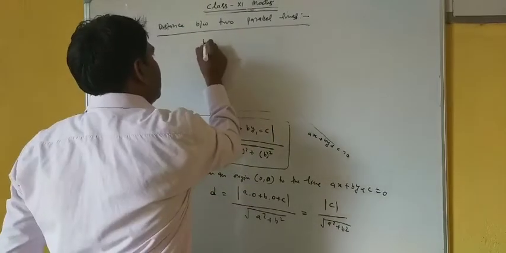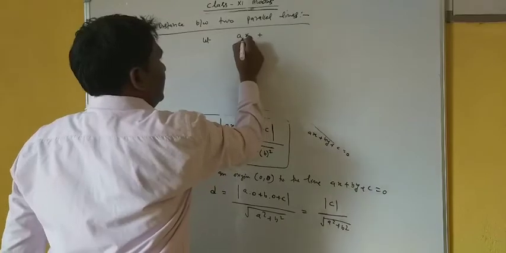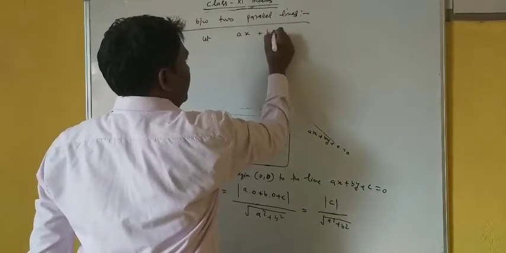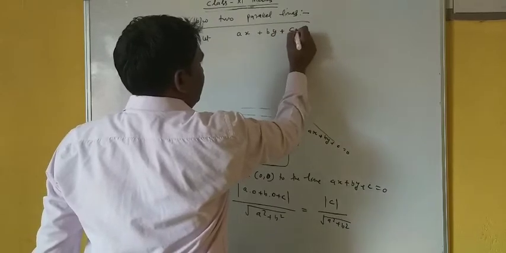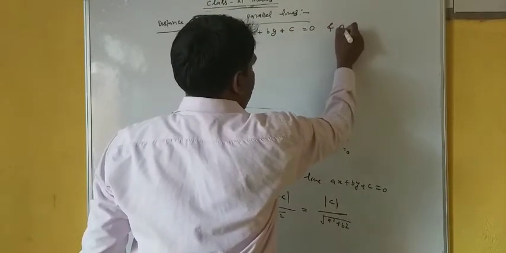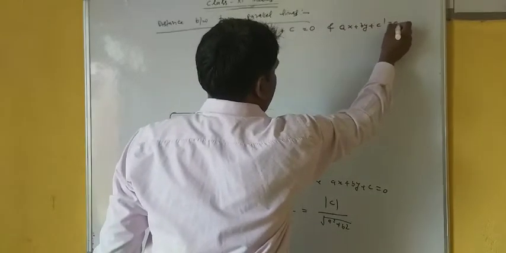Now see, let there be two lines: ax plus by plus c is equal to 0 and ax plus by plus c dash is equal to 0.